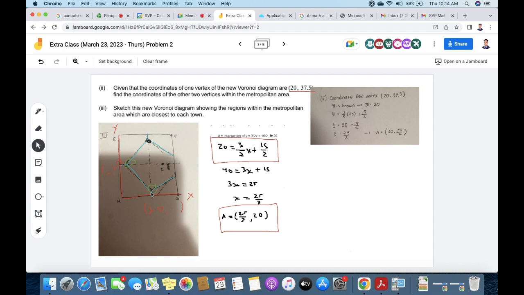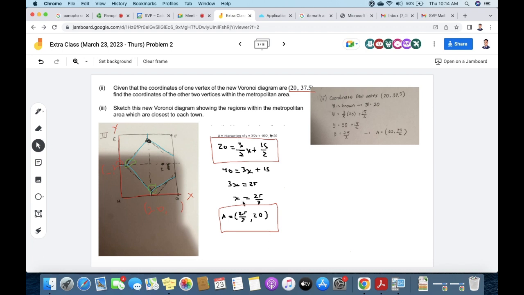So the question is, is this point found on the perpendicular bisector of IE? I repeat, is this point, the vertex that we're solving, found on the perpendicular bisector of IE, which happens to be this? Yes or no? No, it isn't, right? So we cannot do the same thing.